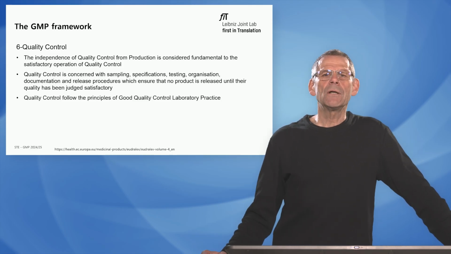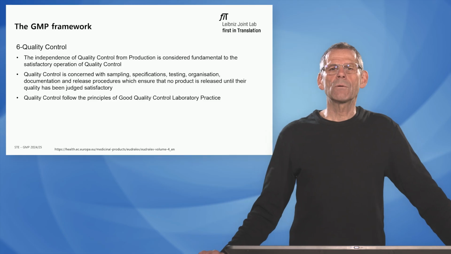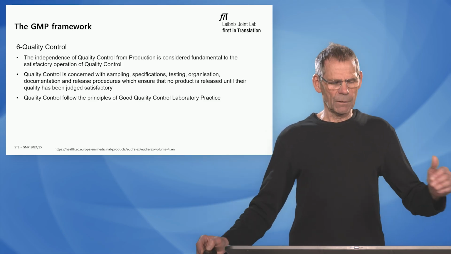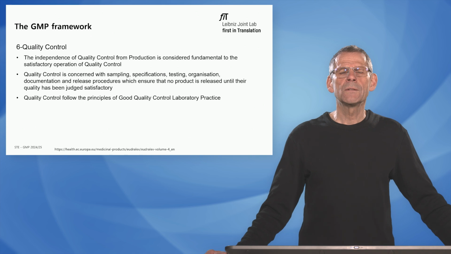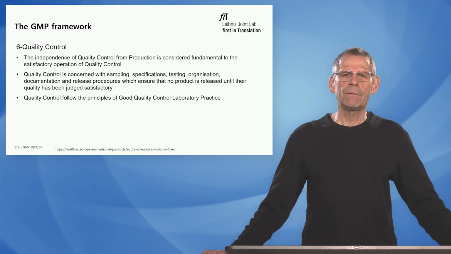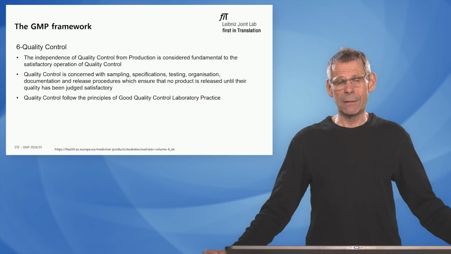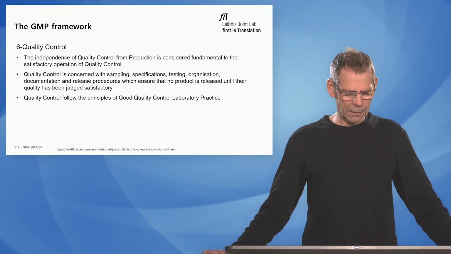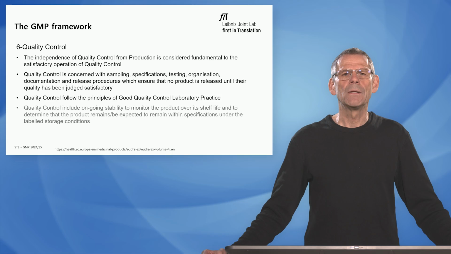And the quality control follows the principle of good quality laboratory practice, which is another set of guidance or rules that ensure the quality control itself is valid and correct for the purpose I use it.